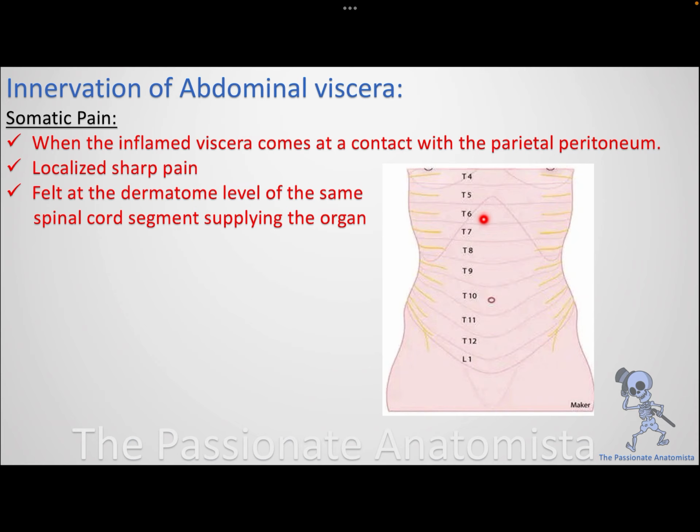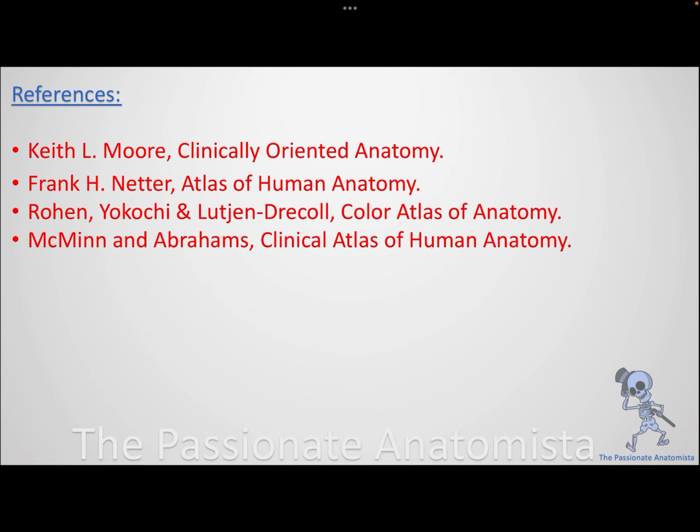However, when it becomes more and more, it irritates the parietal peritoneum, and in that case it becomes localized. Then I can know exactly where the problem is, because it irritates the somatic nerves. So this is the idea of the innervation of abdominal viscera, and this is why it's important, because of the pain.